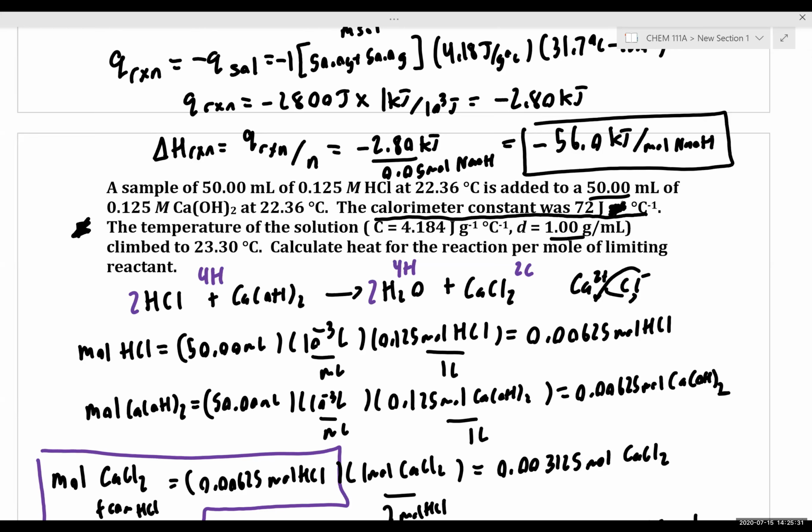So let's spend about 5 minutes and calculate the heat of reaction from the following data provided.